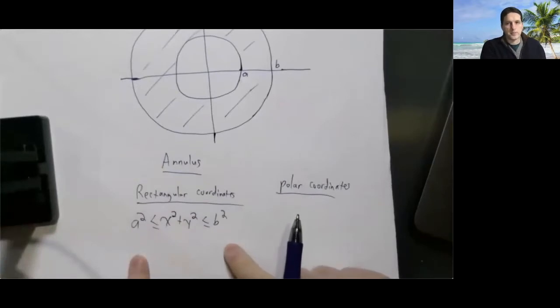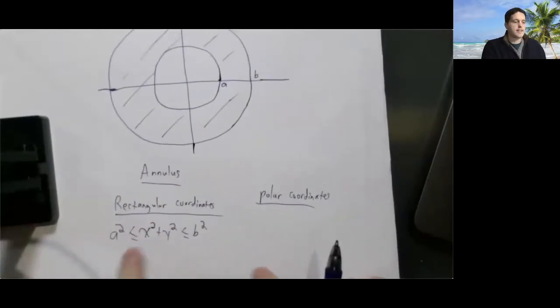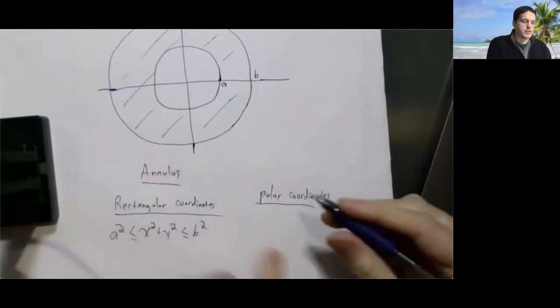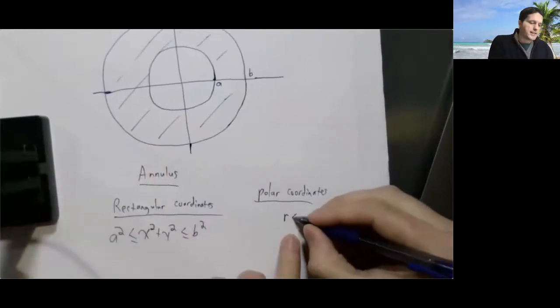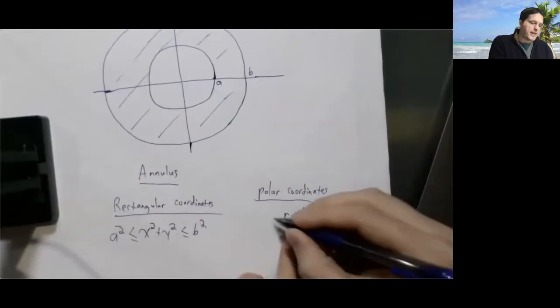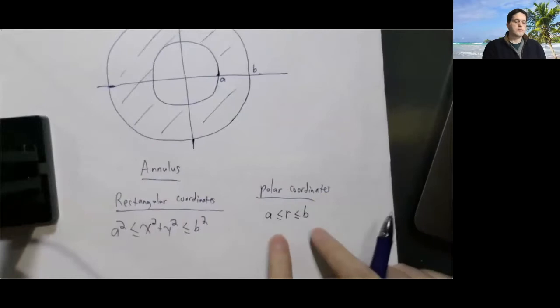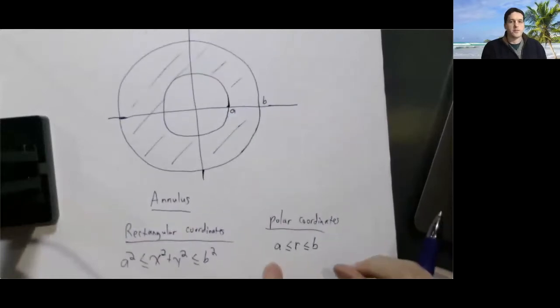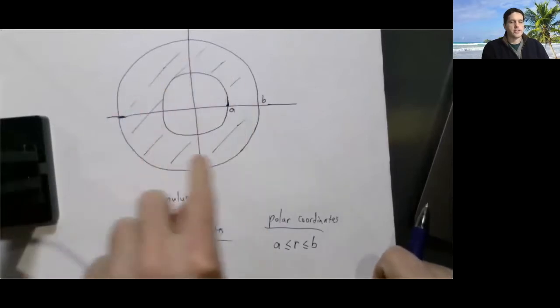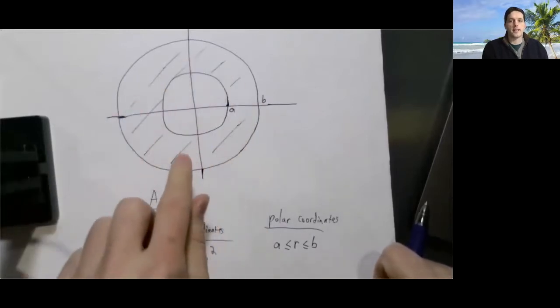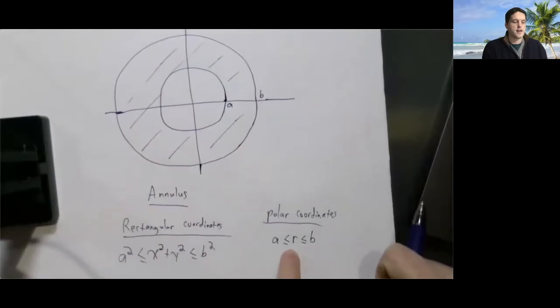But what if we use polar coordinates? Then the description of this annulus is just r is less than or equal to b, and r is greater than or equal to a. That's a much simpler description. Using polar coordinates, this annulus just consists of all points r, theta such that r is between a and b. Theta could be anything, and r just has to be in between a and b.